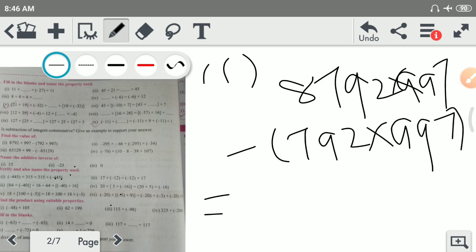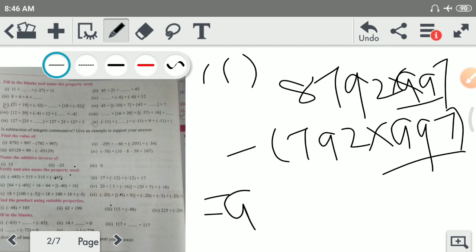Okay students, now you see which number is present in both places. That means 997 is there in both places, so we can take it out as common.